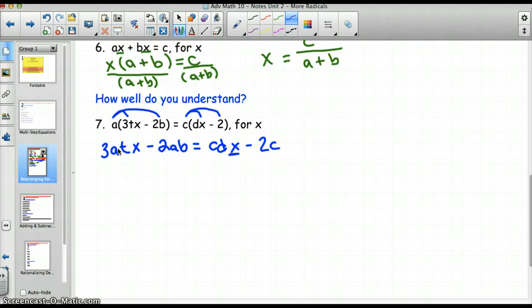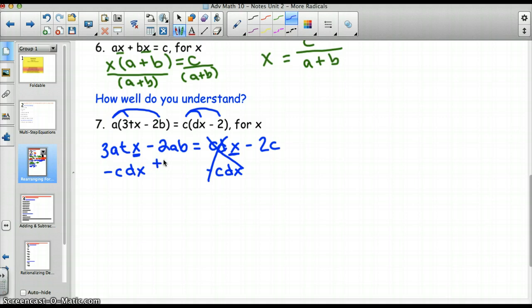Here are my two x's. So I need to get those to the same side of the equation and this to the other side since there is no x in it. So I'm going to subtract the cdx over to this side, and I'm going to cancel that out.